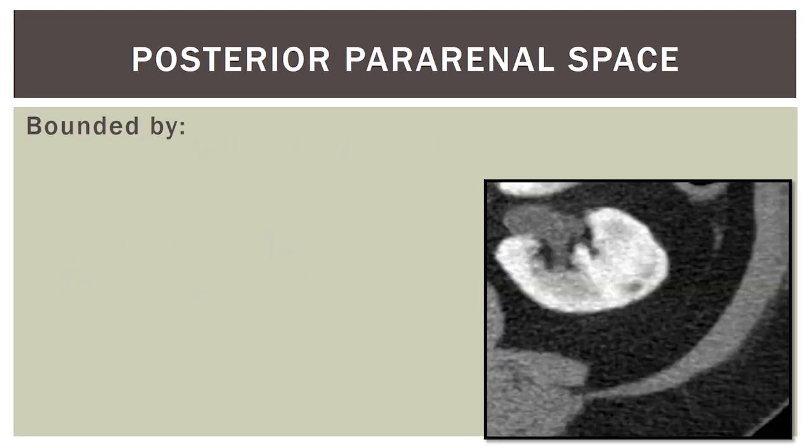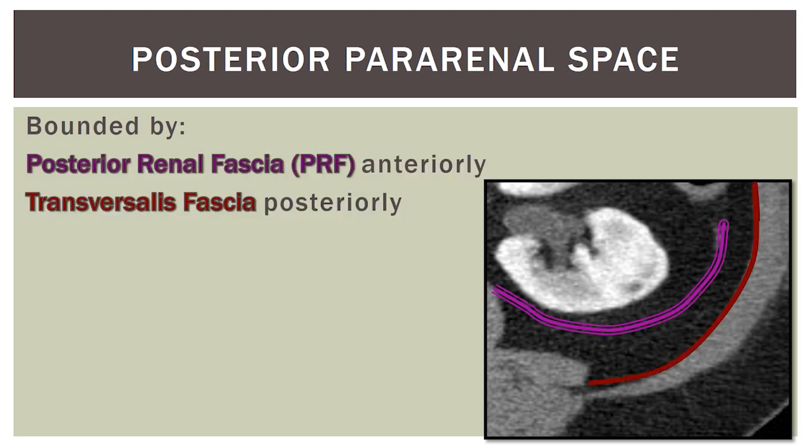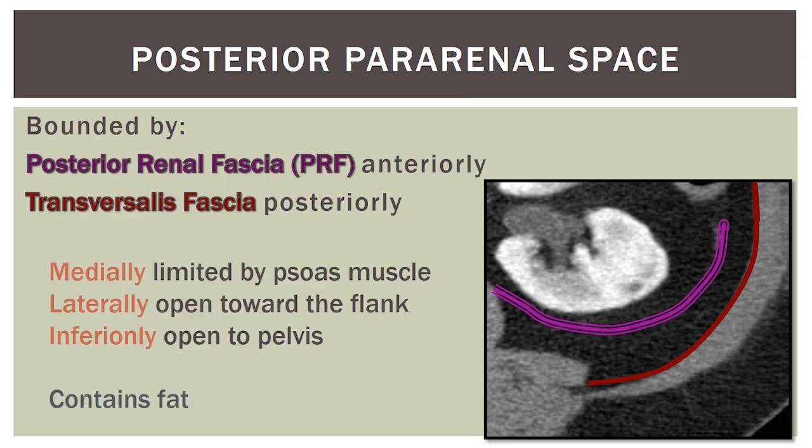The posterior pararenal space is bounded by the posterior renal fascia anteriorly and the transversalis fascia posteriorly. Medially, it's limited by the psoas muscle, laterally it is open to the flank, and inferiorly it is open to the pelvis. It contains only fat.